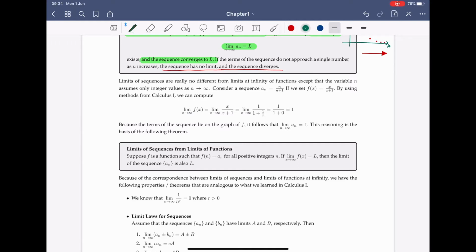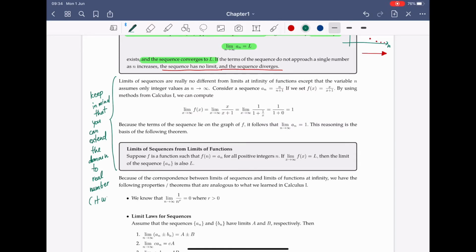So this paragraph is just to say that keep in mind that you can extend the domain to real numbers.